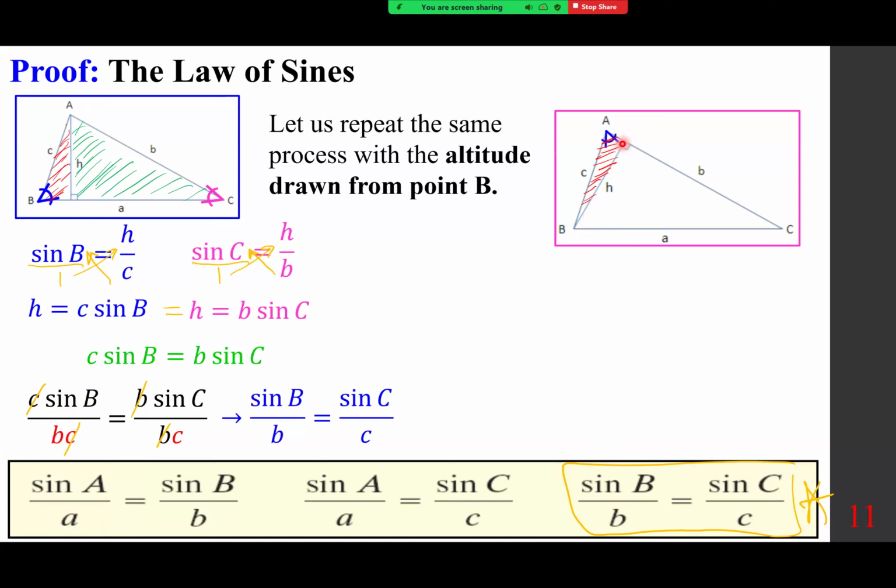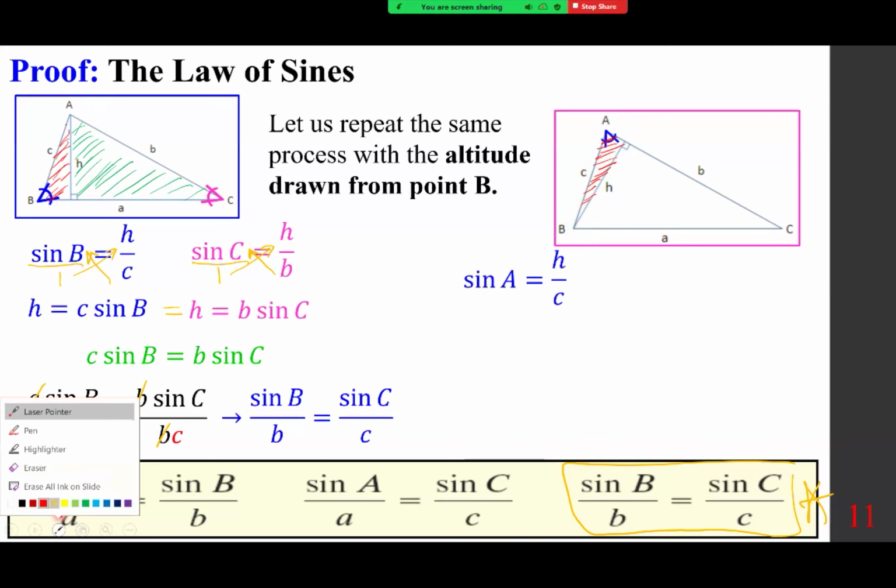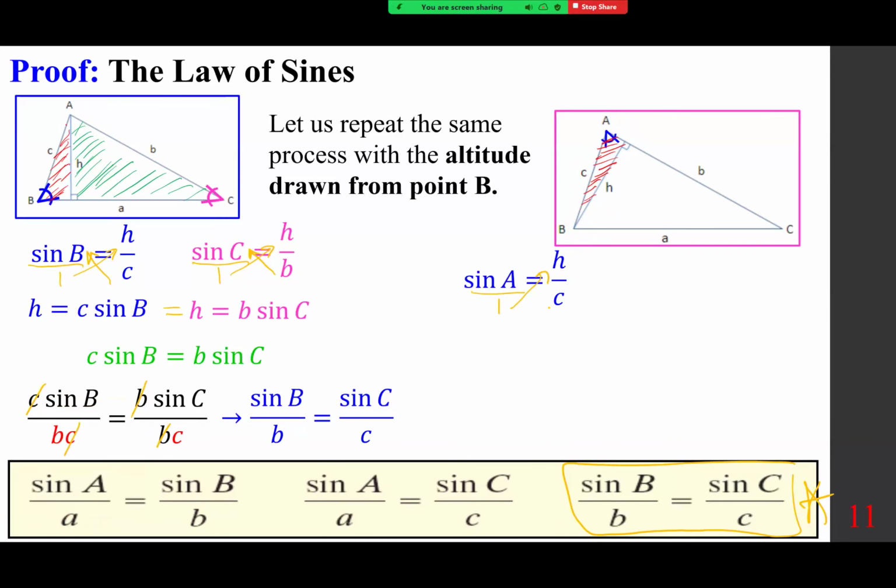Hypotenuse is opposite the 90 degrees. Remember, this is 90 degrees. So the hypotenuse would be c, h over c. And again, cross product: h equals lowercase c times sine A.